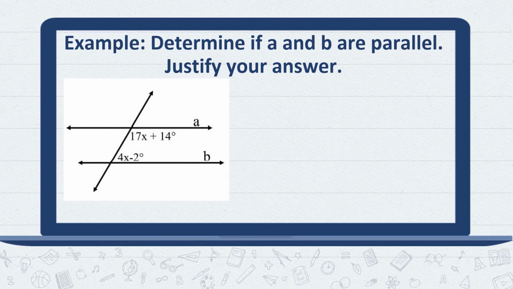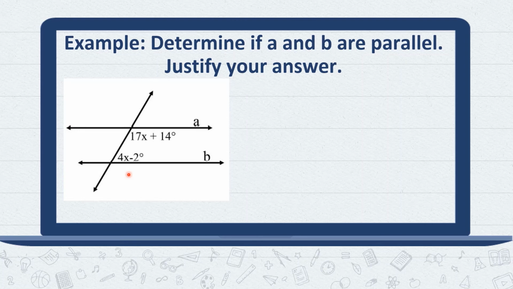Another figure, so we have line A and line B with a transversal with the given measurements 17x plus 14 and 4x minus 2. What can you say about the relation between these two angles? Correct. They are what we call consecutive interior angles.